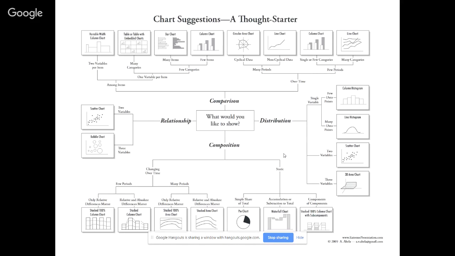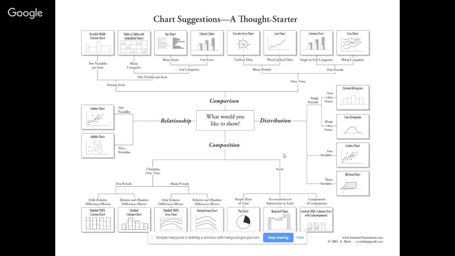If you're looking at relative and absolute differences, you can also look at a stacked area chart. If you are looking at static data, you can simply use a pie chart or some waterfall chart. You can also use a stacked column chart with subcomponents if you are looking at static data.